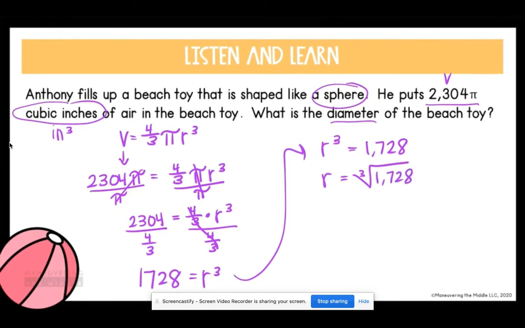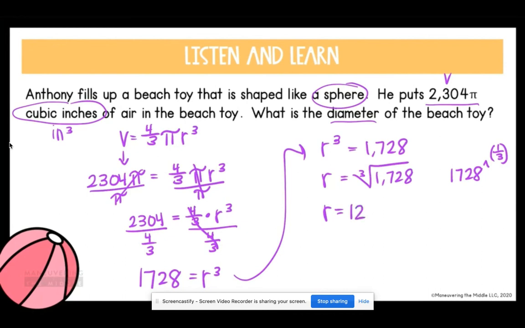Okay, so we're looking for what number times itself 3 times will give us 1,728. I'll also note that if you're using a calculator, you can take 1,728 and raise it to the power of 1/3. That's just a calculator tidbit. But when we do that, the cube root of 1728 is 12.